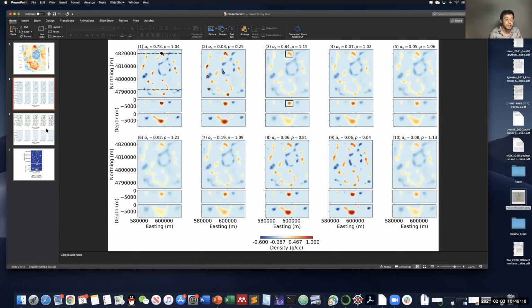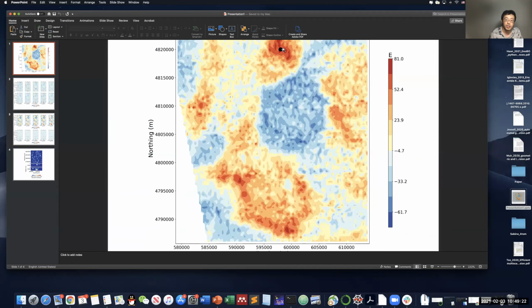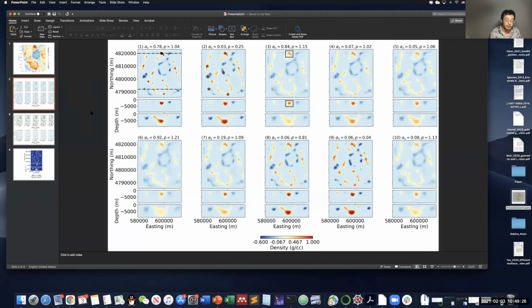So for here, this black dot is the well locations, and we have the drill hole data in these areas. After performing the inversions, I obtained a large sequence of recovered models, and then I used the drill hole data to help me decide which models are acceptable and which should be rejected, because these recovered models cannot satisfy the drill hole data.